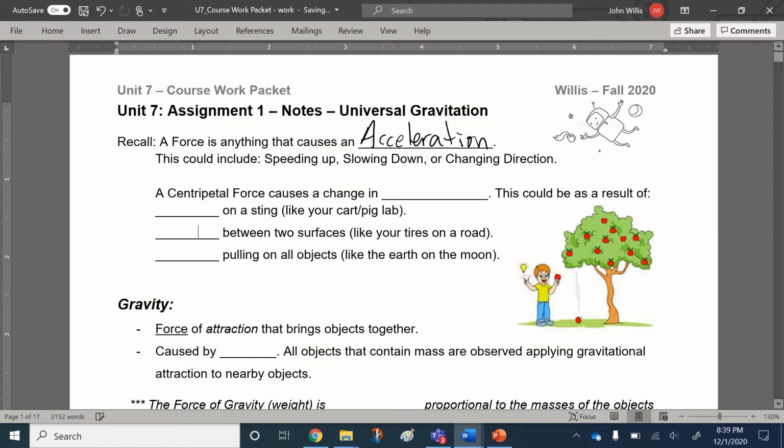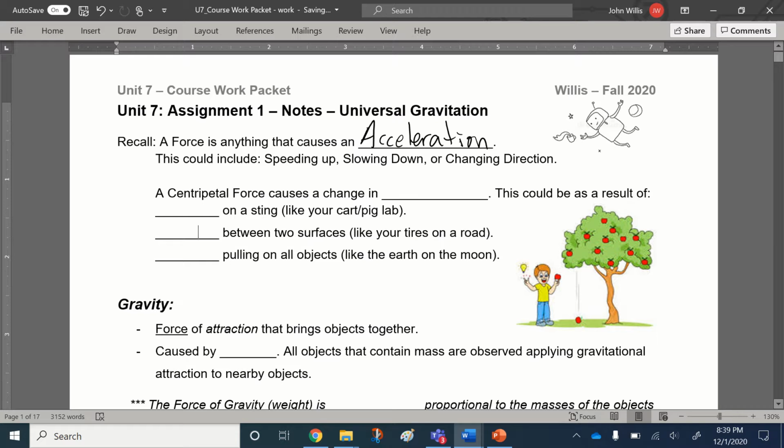That acceleration could be speeding up, positive, or it could be negative, and you're slowing down, or it could be a centripetal acceleration. This year, because of all the crazy COVID stuff that was going on, we didn't get a good chance to talk too much about that change in direction, but we're definitely going to be using it here, at least at the beginning, conceptually.